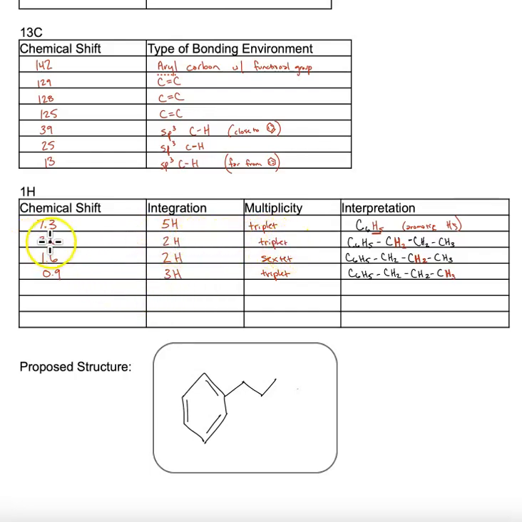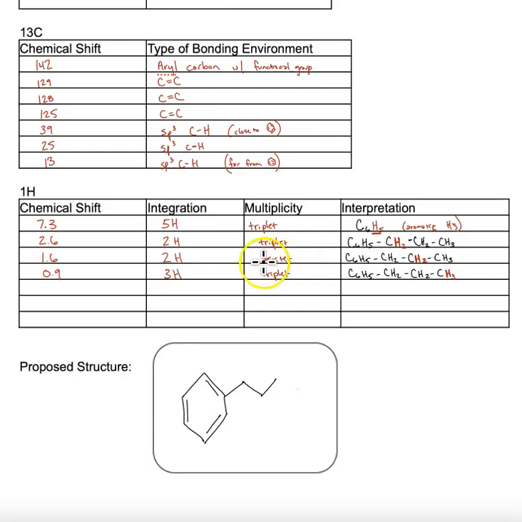And the 2.6 is indicative of the 2 hydrogens present here, and it would be a triplet, which lines up with the triplet multiplicity because it has 2 neighbors, and the multiplicity is n, your number of neighbors, plus 1. So that would give us a triplet, seeing that we have 2 neighboring hydrogens here.